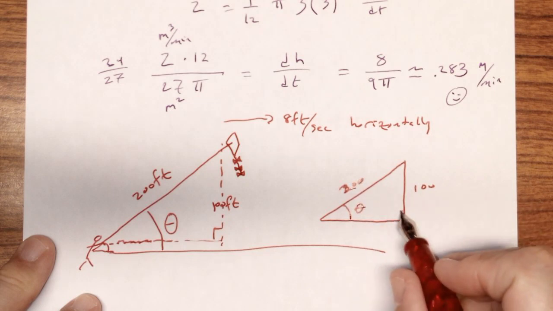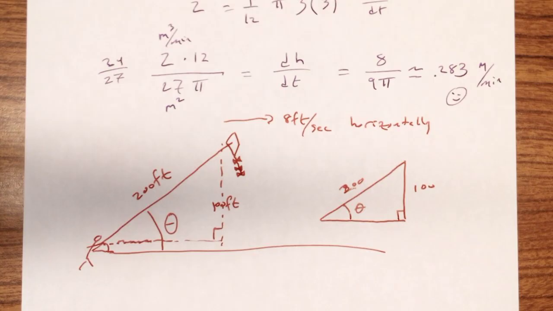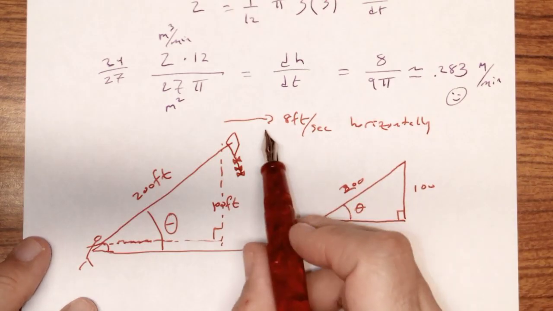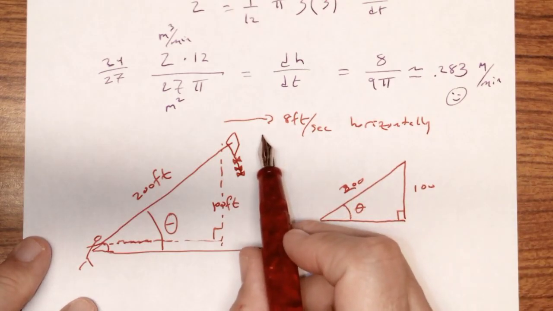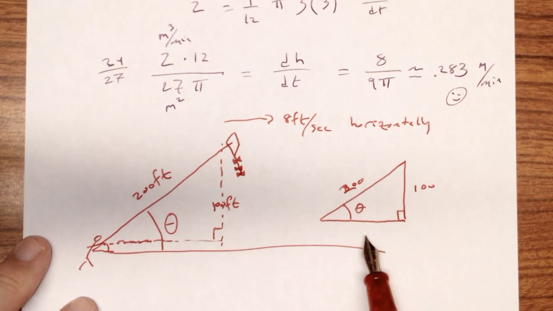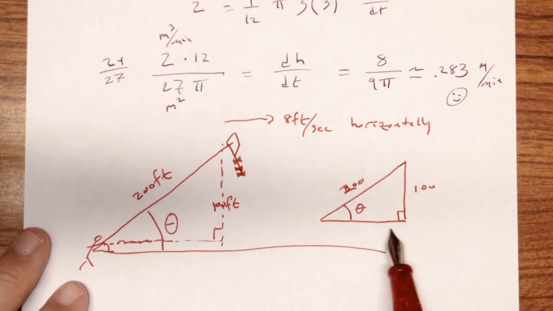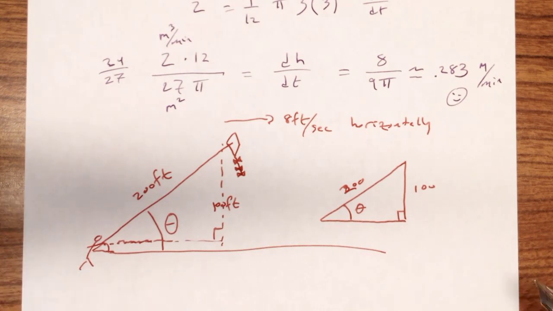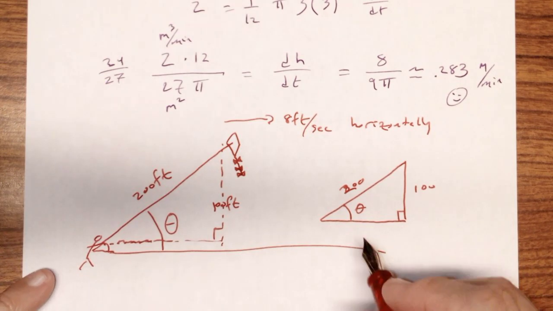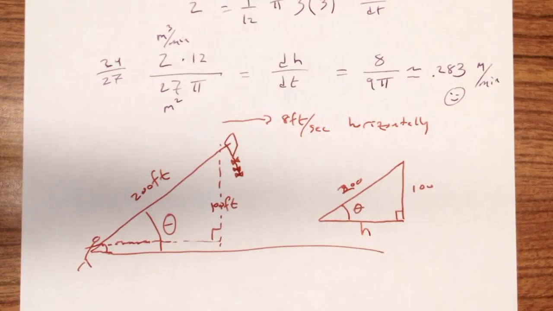This is the angle we are concerned about. But I know the kite is moving this way. That means this is changing. That means this needs a letter. I need to know what to call this. Normally I would say it's a distance. I don't like using D, so we'll call it H for horizontal.